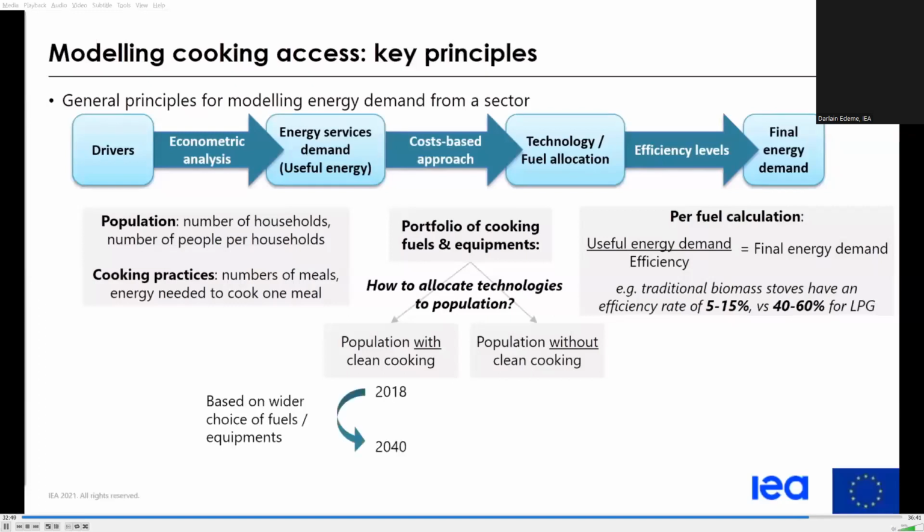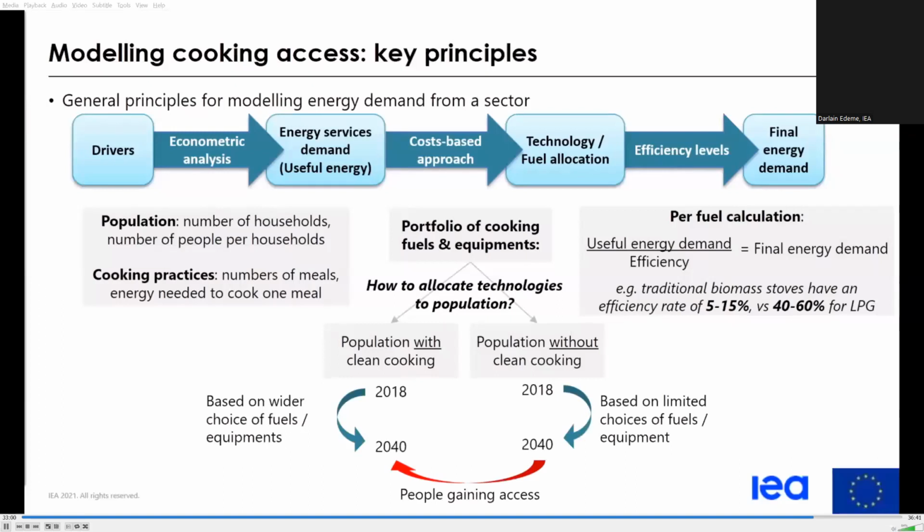For those who have access, there is a wider choice of technology and fuel based on fuel availability, cost, cultural preferences, etc. For those who do not have access, the choice is restricted and limited to the cheapest and free options and whatever fuel is available locally. Other options are not available or not affordable, therefore they choose the traditional use of biomass, kerosene, or coal.